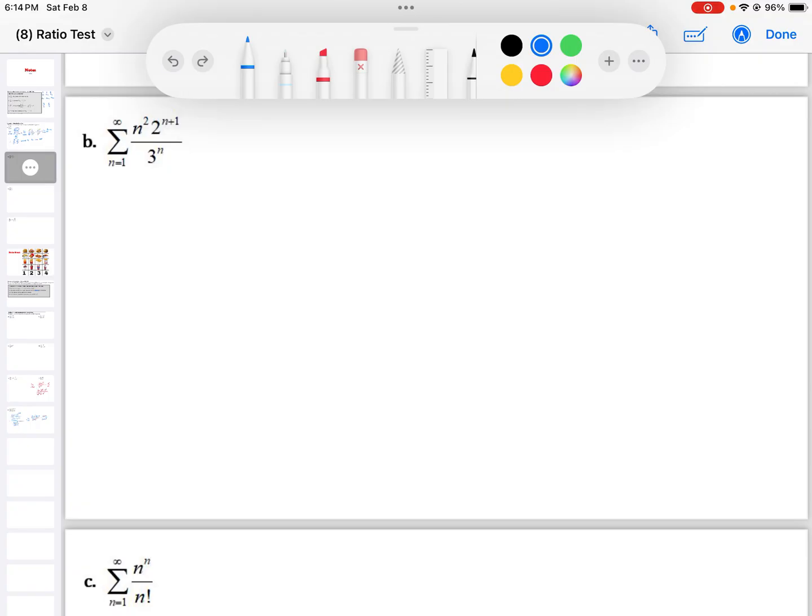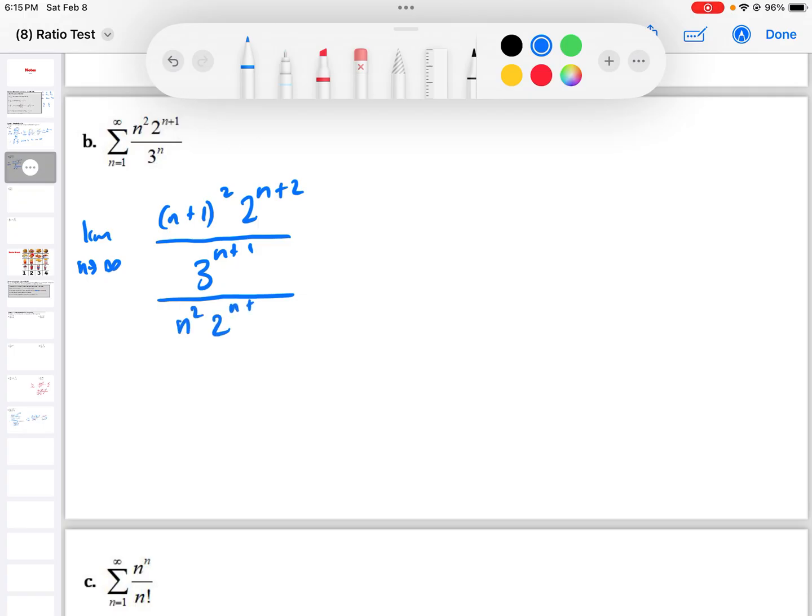All right, so I'm going to find the limit as n goes to infinity of the n plus 1 term. This would be n plus 1, but it'd be plus 1 plus 1, so it'd be plus 2, over 3 to the n plus 1, all over just the original n squared to the n plus 1 over 3 to the n.